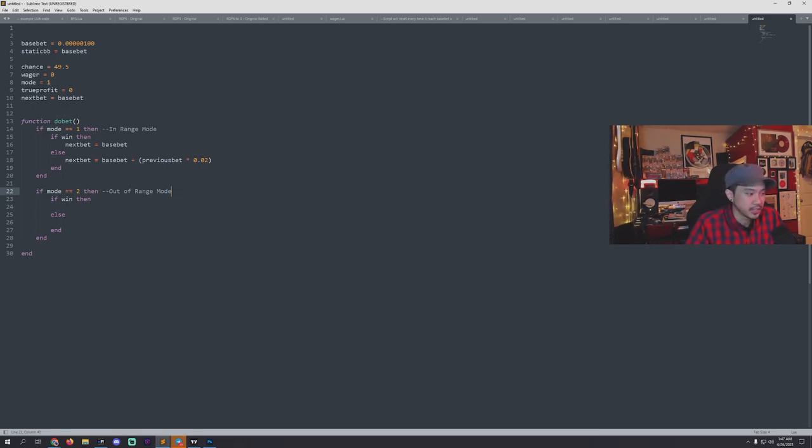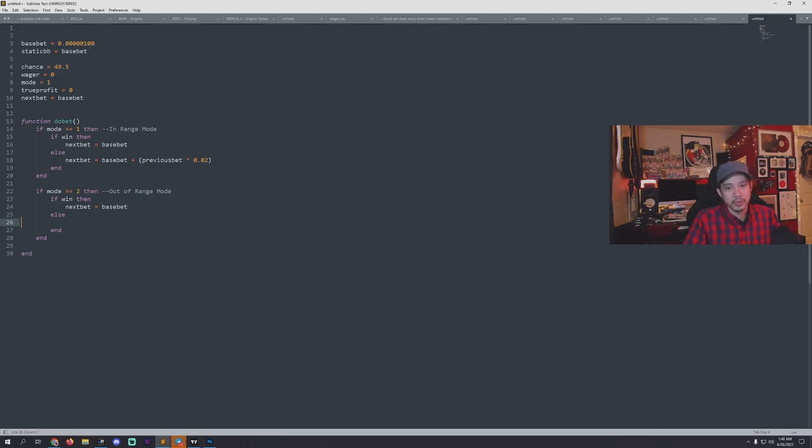Now the outer range stuff is same thing. So if you're out of the range and if you win, then your next bet is still going to be your base bet. Because no matter what, when you win, you want to go back to the base, right? You want to reset back to base when you win.